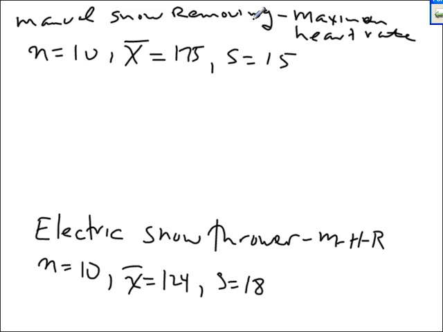So again, to do this, you have to know the chi-squares, chi-squared R and chi-squared L. Let me work backwards for a moment.